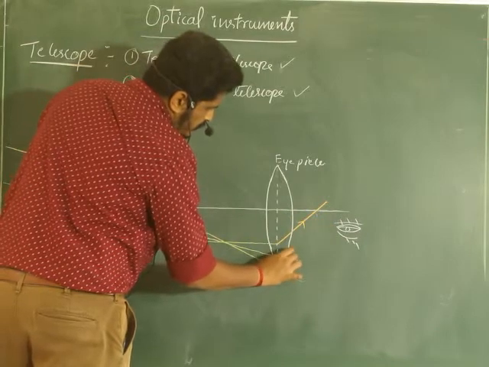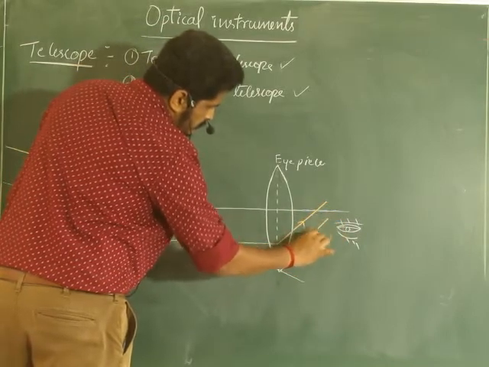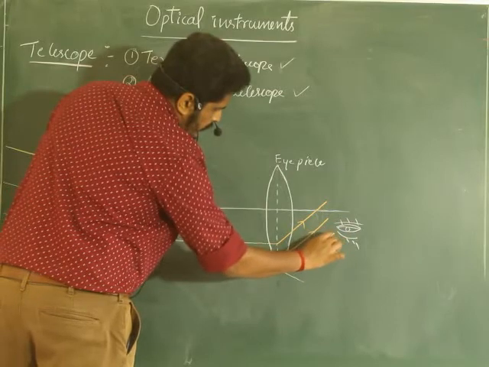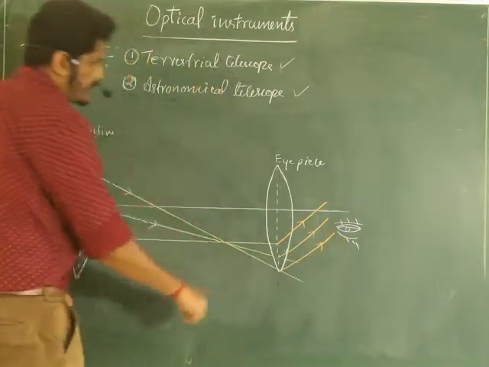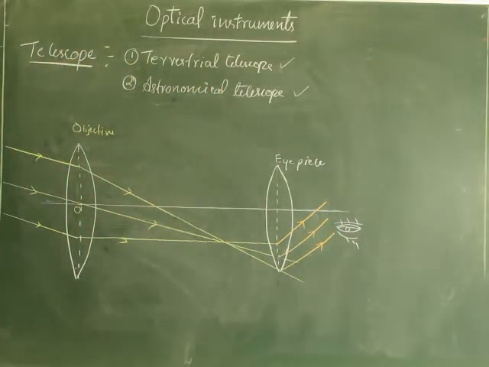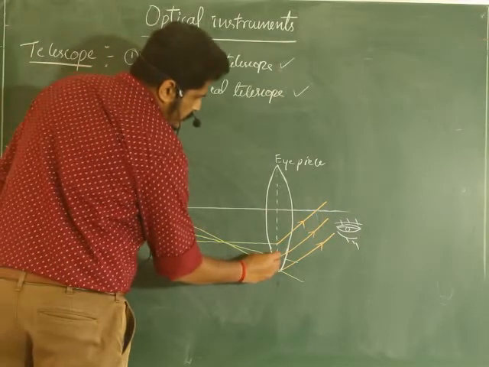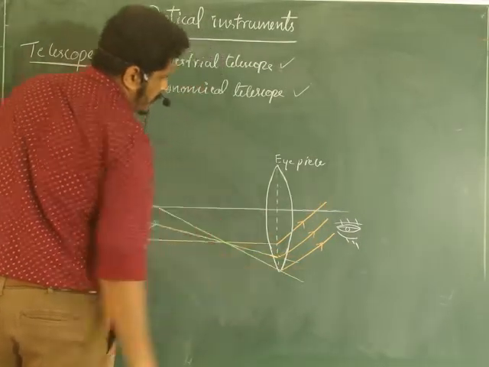This also will start bending in this particular way. Correct? Because when that ray of light enters the secondary, that means the second eyepiece here, it has to bend again like this.